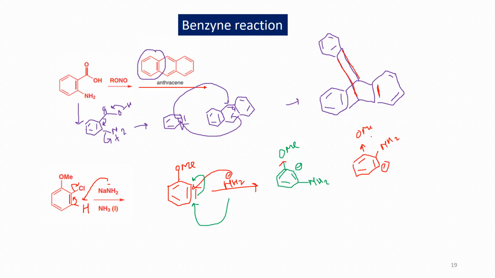Minus I effect is dependent on distance. So here, as it is far, it will be less effective. So the product will be this one. This intermediate is more stable, and if you are adding H plus, it will take H plus from ammonia, and it forms our 2-amino anisole. This will be our desired product. Okay.